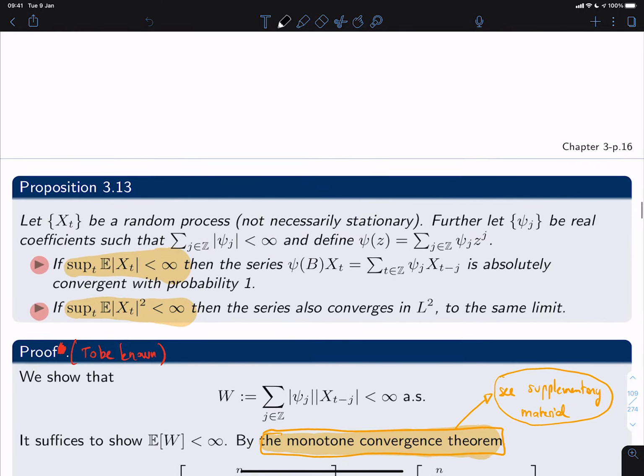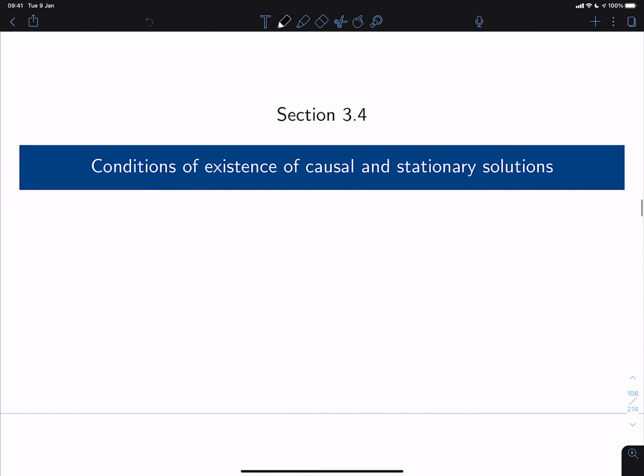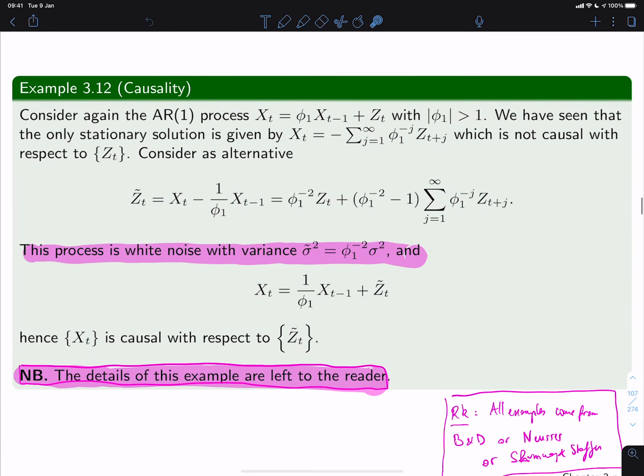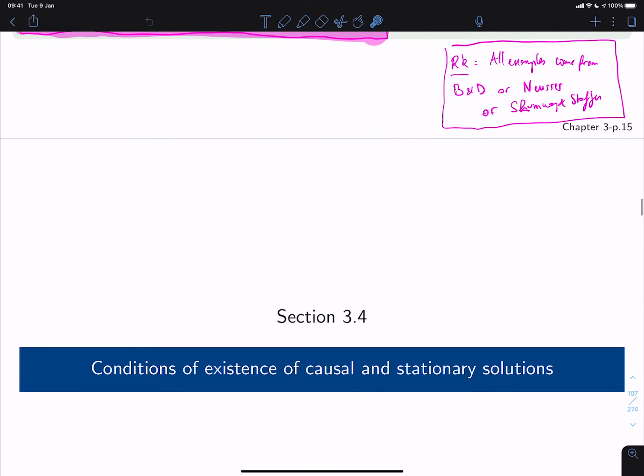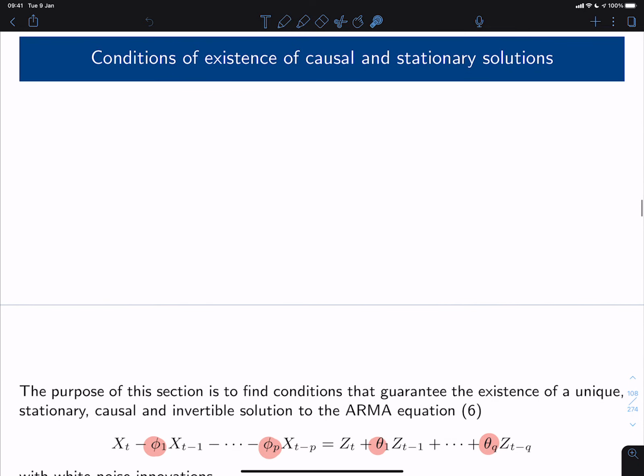So let's go back here. So this is stuff we already discussed last week. I'll just go over it quickly again. Hopefully you'll understand it better now that I've given more explanations. So we have seen that under certain circumstances on the parameters phi1 you had existence of stationary and solutions or causal solutions and so on.